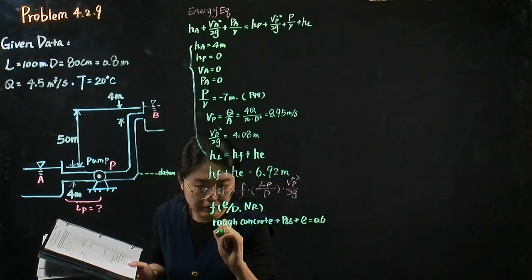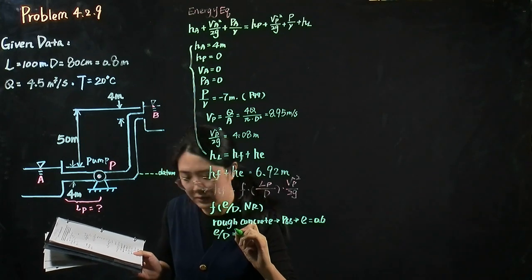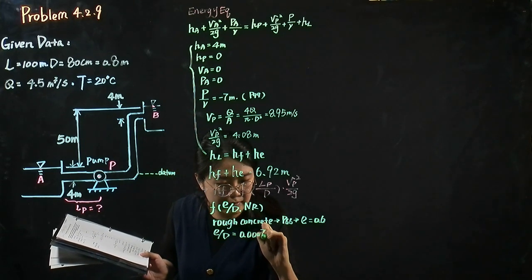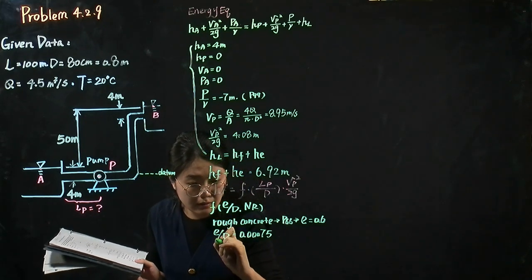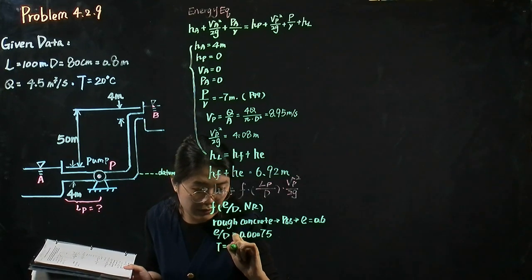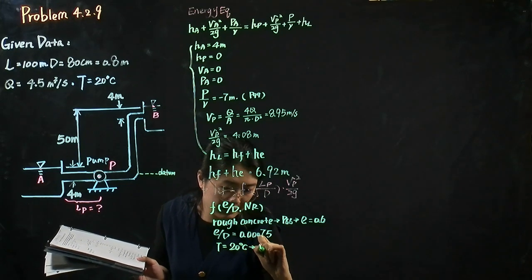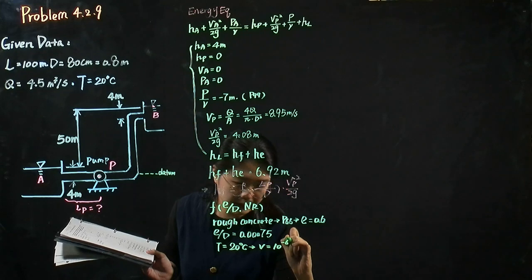Then we can calculate the relative roughness. It equals 0.00075. And because the water temperature is 20 degrees Celsius, the kinematic viscosity equals 10 to the power of -6.